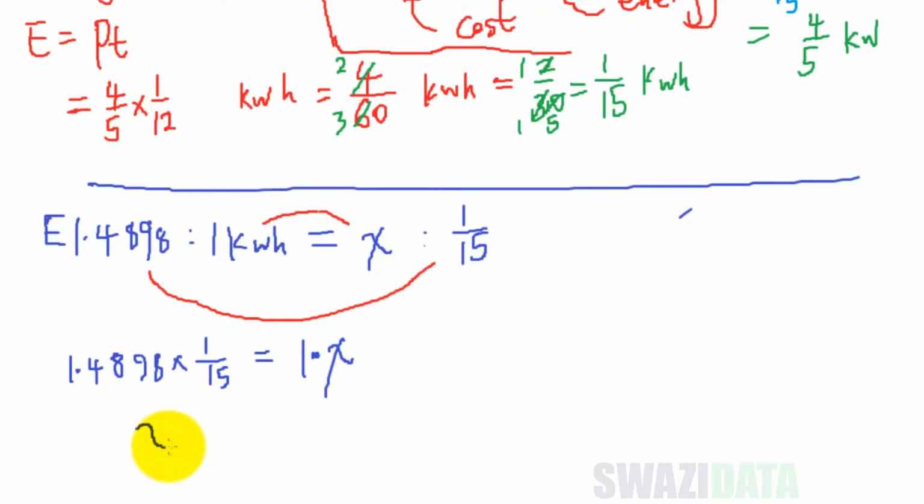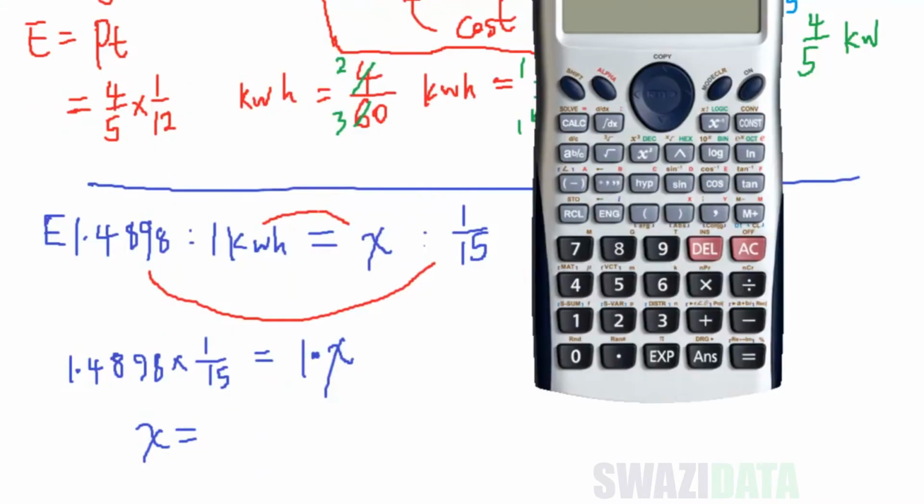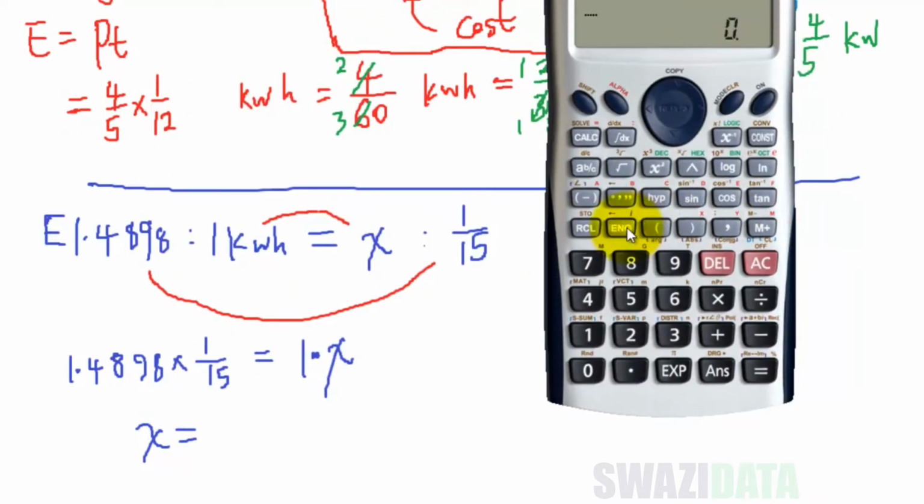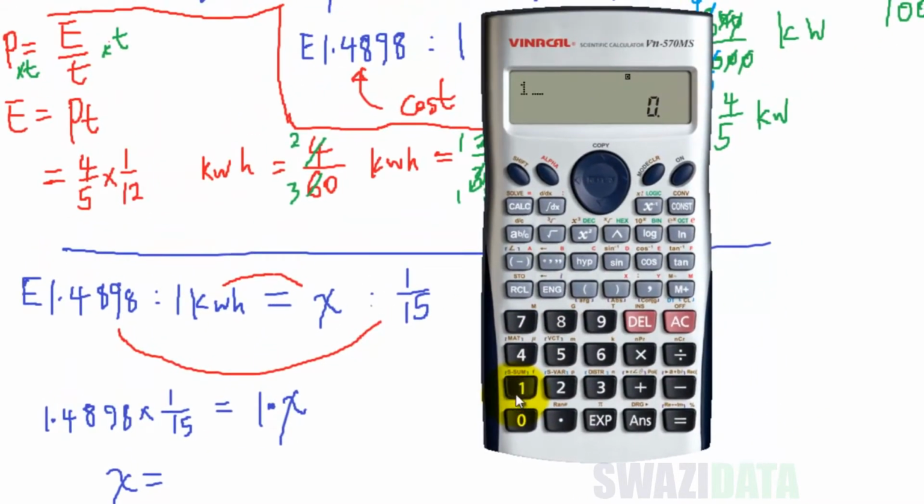So x is equal to 1.4898 multiplied by 1 over 15.